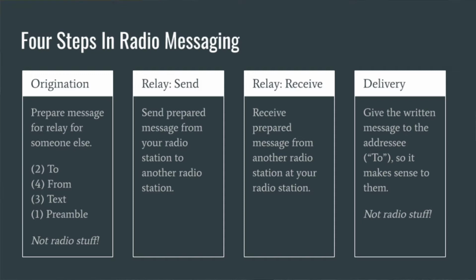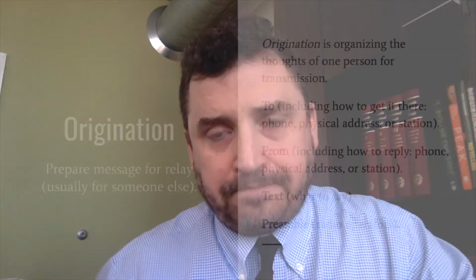There is receiving of a message that is also relay, it's just the other side of it, again taking place on the air. The 4th step is delivery, that is taking the written message as it was transmitted, turning it into something that can be handed to a person and be understood. Again, this is activity that does not take place on the air.